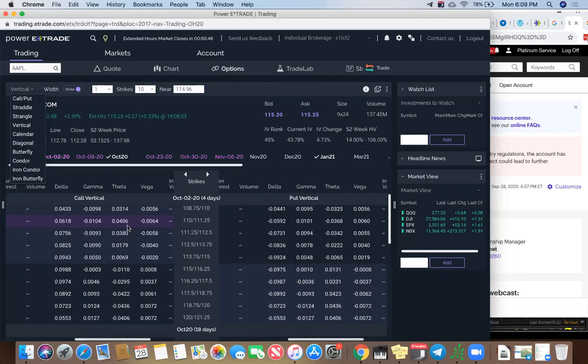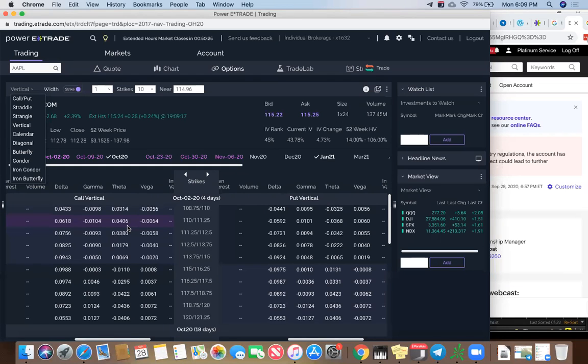The option prices are automatically adjusted for stock splits and dividends. That is my assumption, but let me get back to you on that. So let's move on.